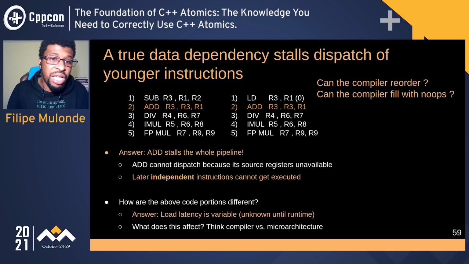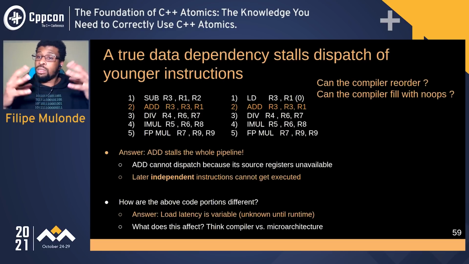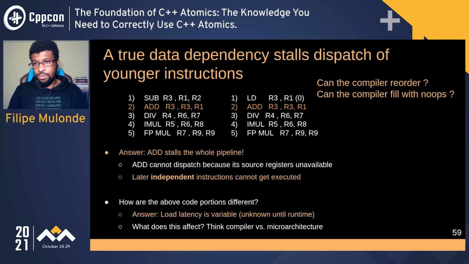Why? Well, because the second instruction is in the way. We need to wait until instruction 2 is moved to a functional unit so that we can decode and dispatch instruction number 3. So that's the problem with our in-order pipeline.